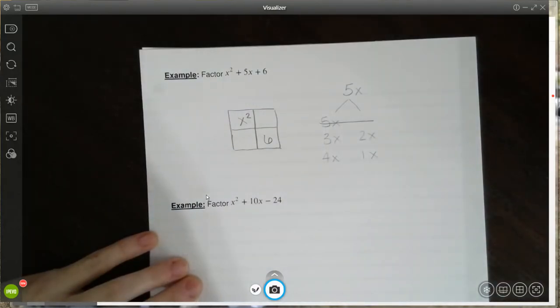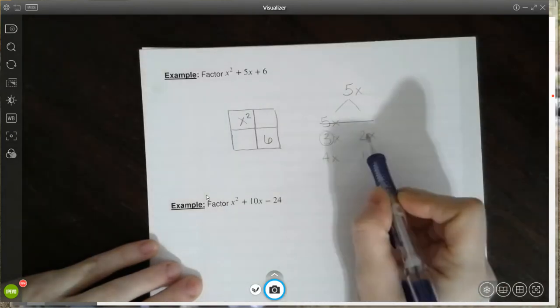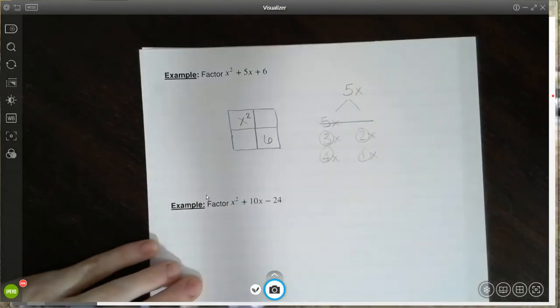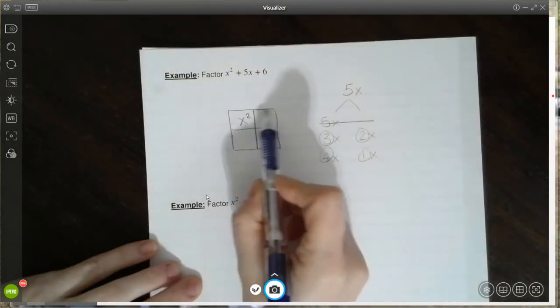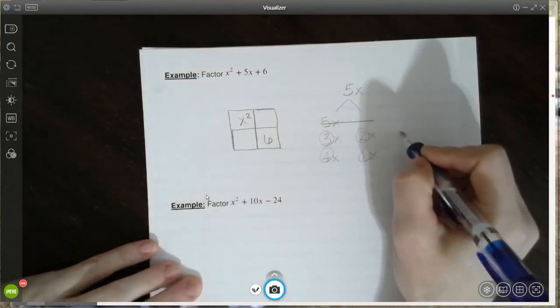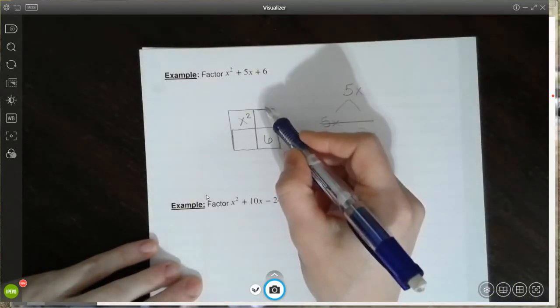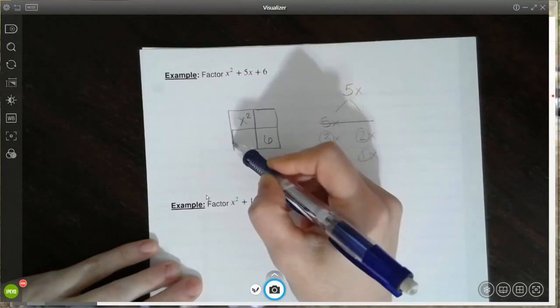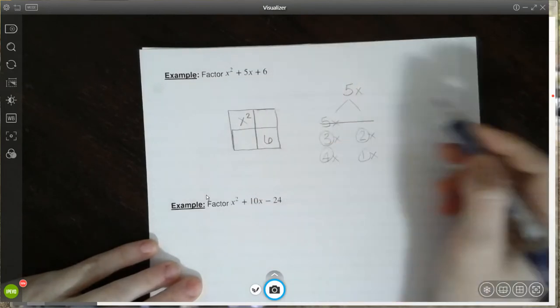So, if you think about the coefficients here, because that's what I'm going to have to use, because that's going to represent this length here. Well, I'm going to have to end up multiplying the length of this box and the length of that box together to get 6.